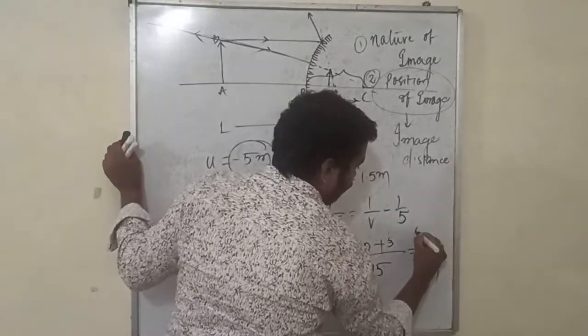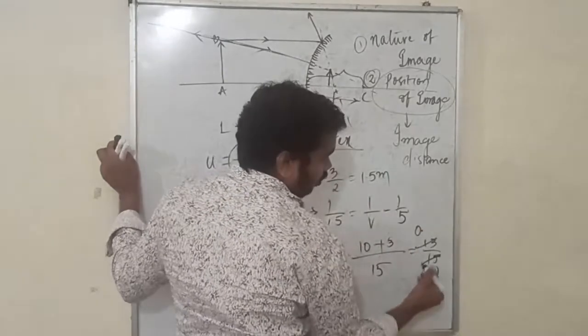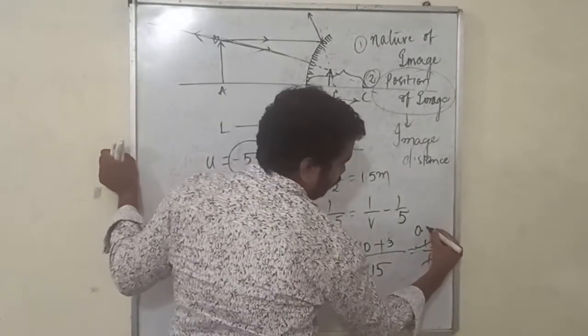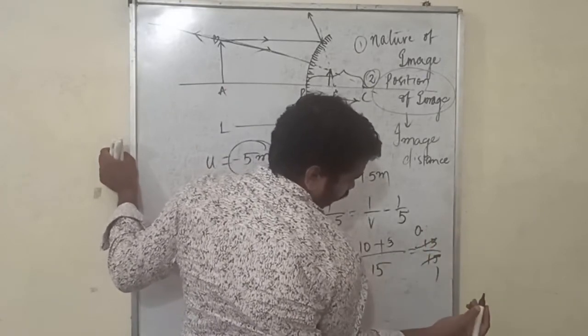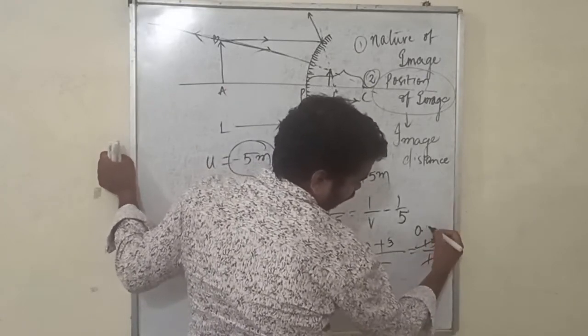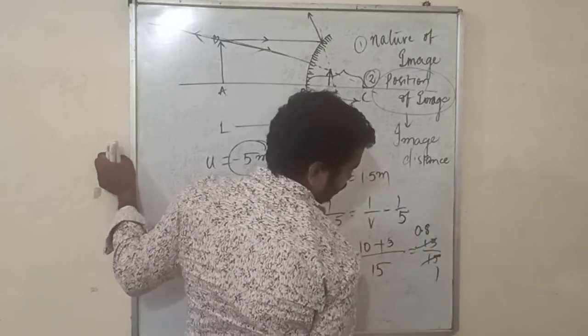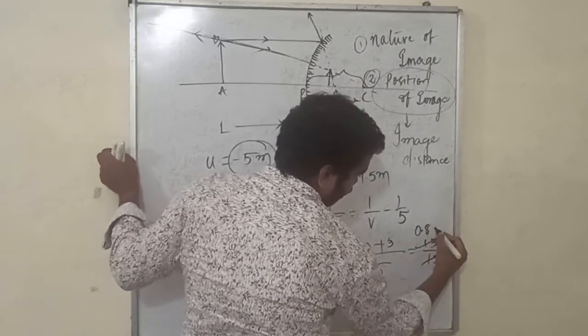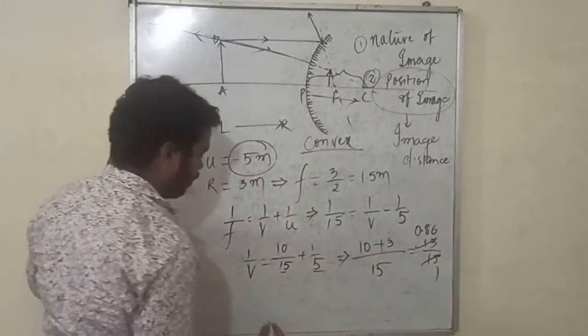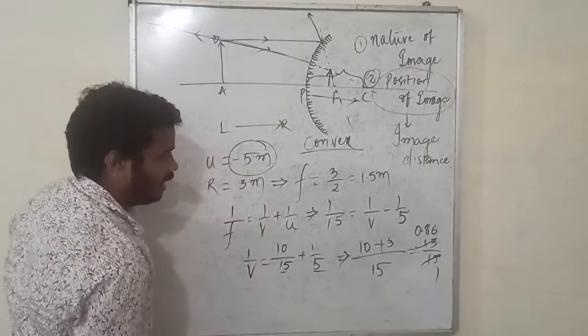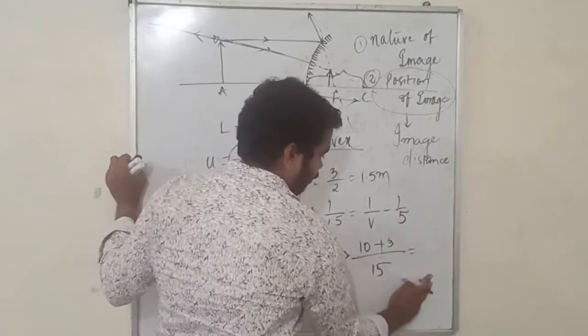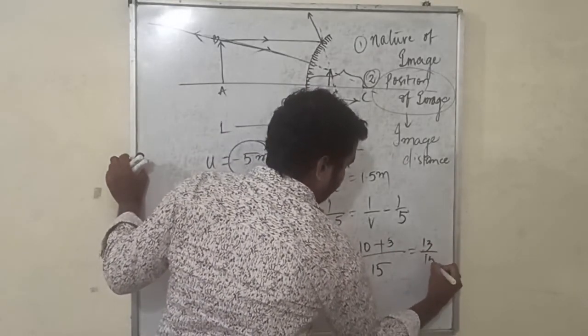15 ones are 15, 130, 15 8s are 120, 10, 100, 15 6s are 90, 0.86, whatever. So let it be like this only, 13 by 15.